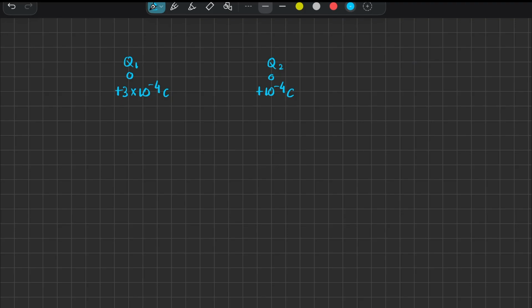They have said that the position vector of q1 has the coordinates (2, 0, 5), and for q2 the coordinates are (1, 2, 3), and we need to calculate the force on q2 due to q1.